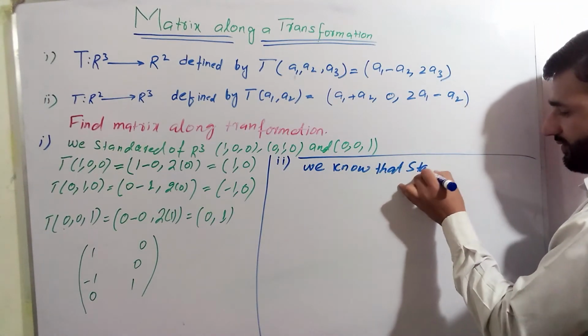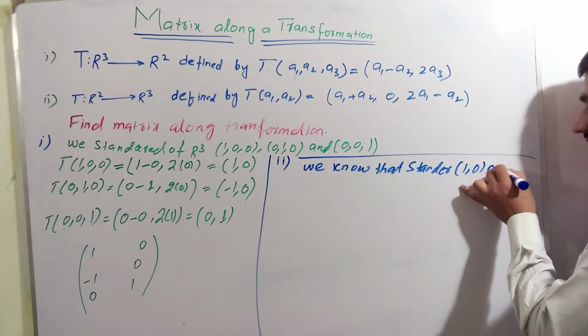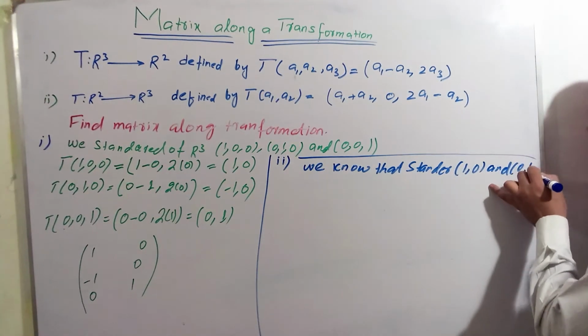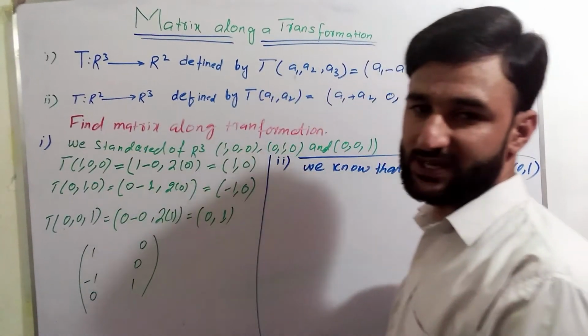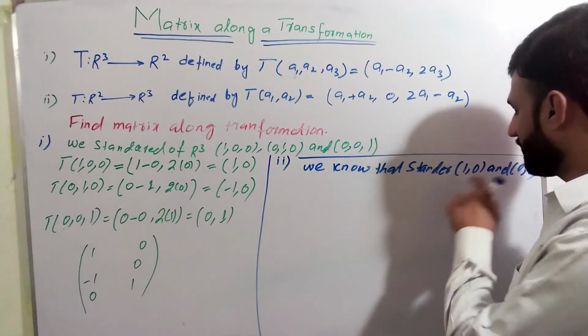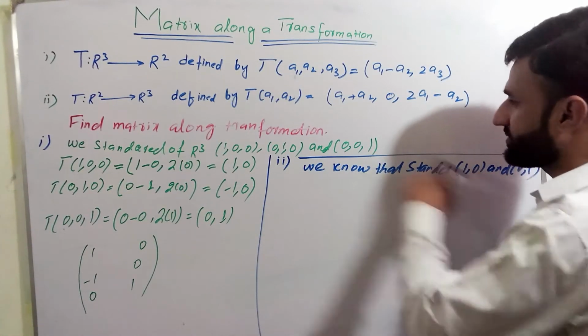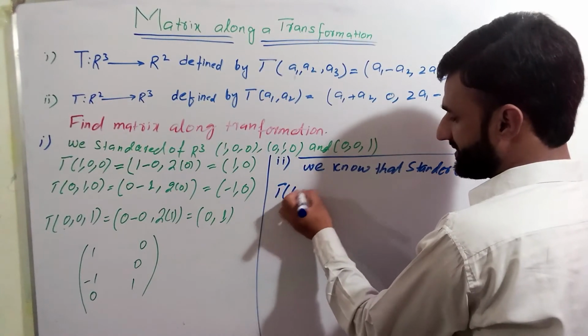The standard basis of R2 space is 1 0 and 0 1. Now first we put the first value in this equation, that is 1 0.